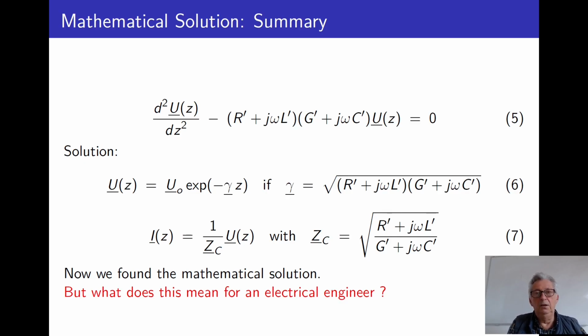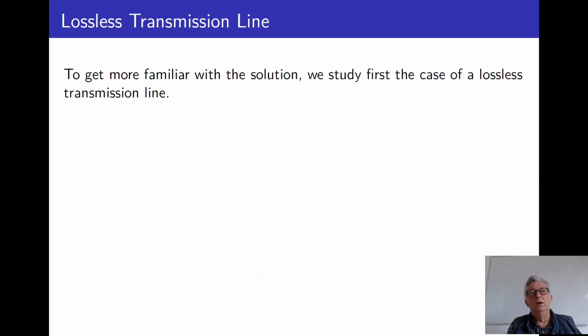It's not quite clear at the moment, so we will reduce the problem and have a look at a lossless transmission line. So in the case of the lossless transmission line, R prime and G prime will be 0.